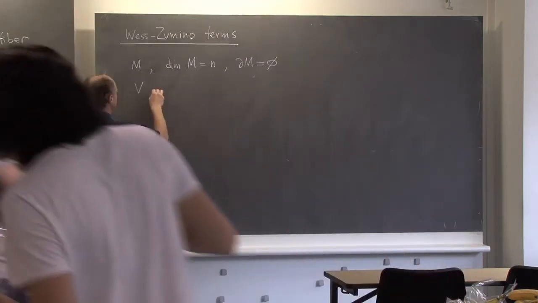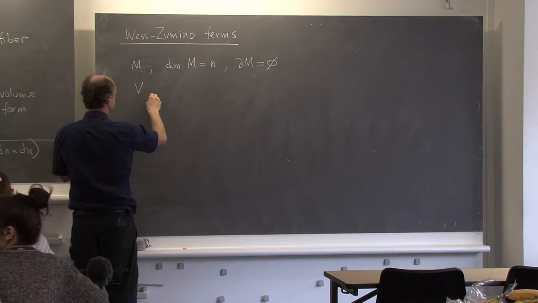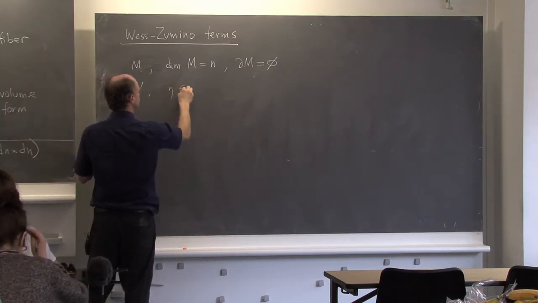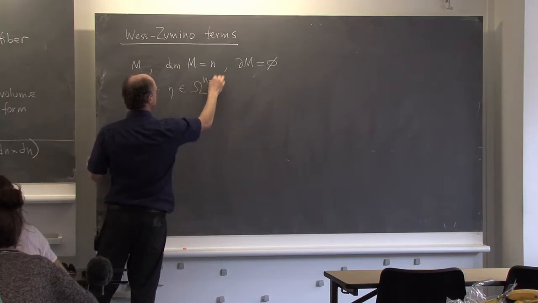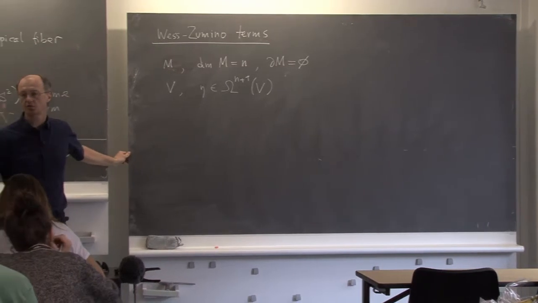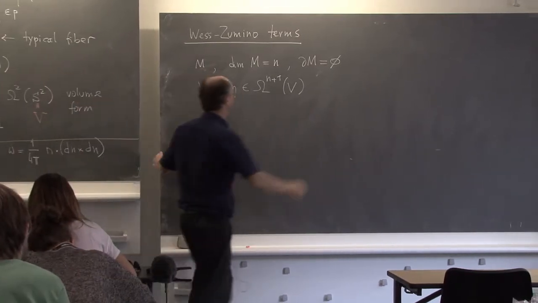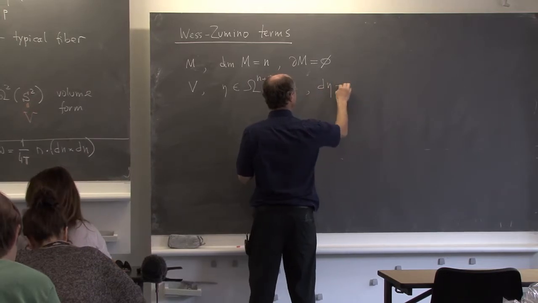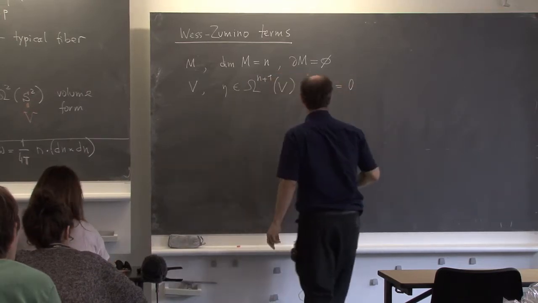So we take the target space V, and we consider a form of degree n plus 1 on V, which is closed.